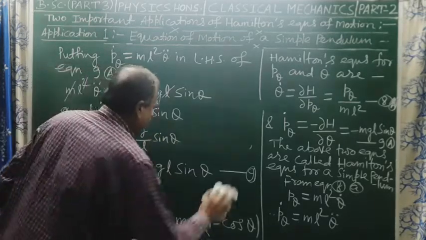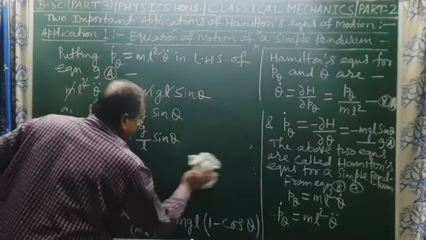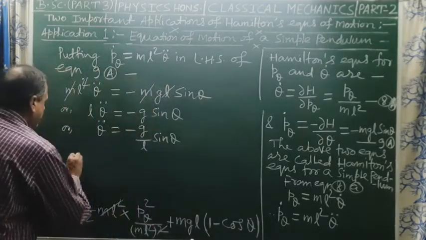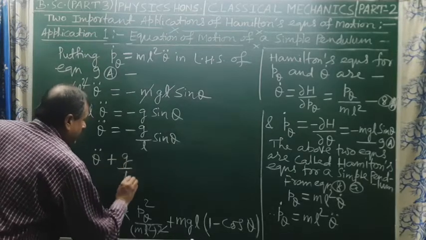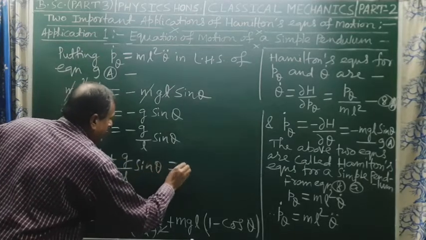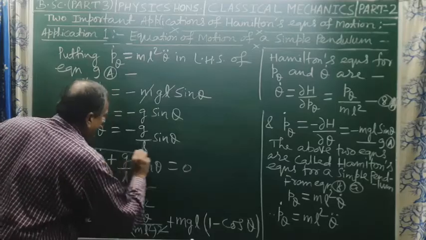Therefore, the final equation is theta double dot plus g by L sin theta equals 0, which is equation number 10 and which is the final equation.